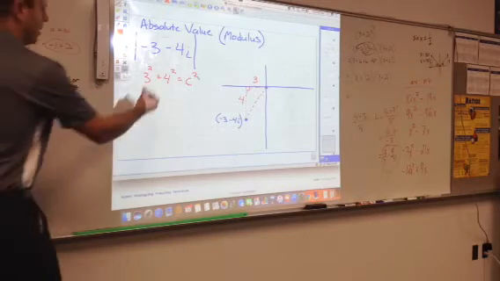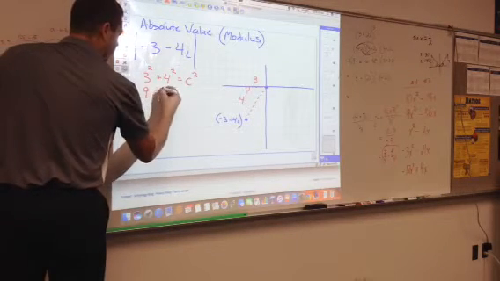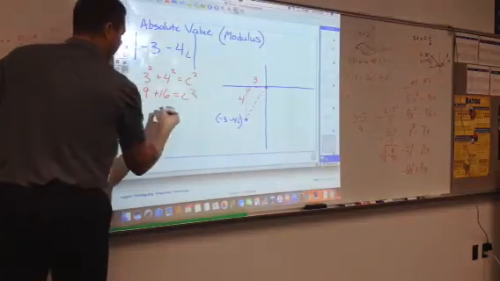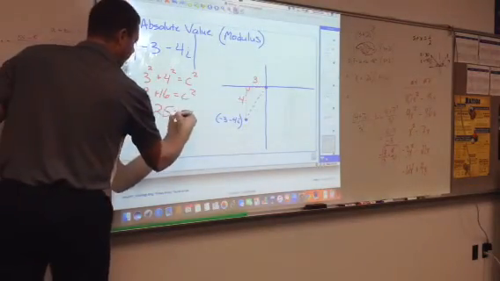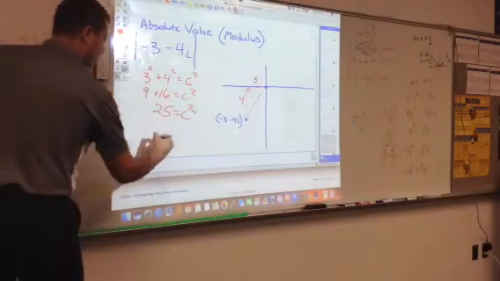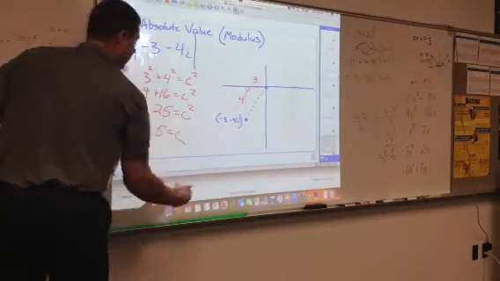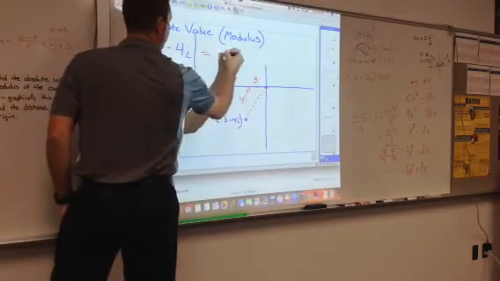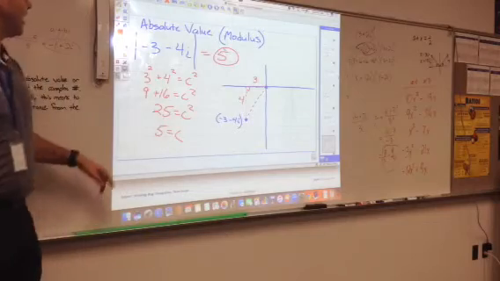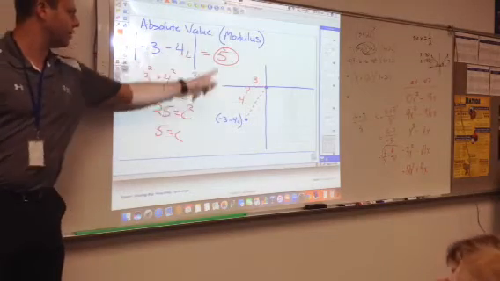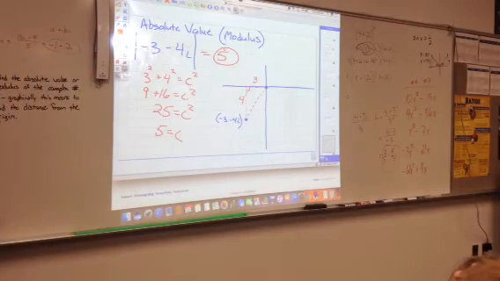3 squared is 9, 4 squared is 16. That would be 25. Square root both sides. So the absolute value of this complex number is 5, because that number is 5 units away from the origin on the complex number plane.